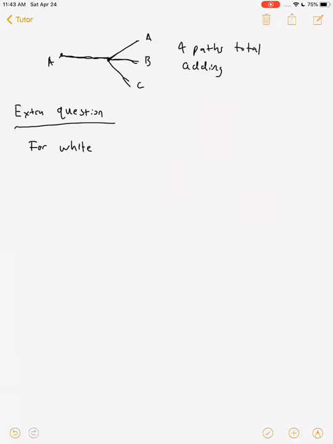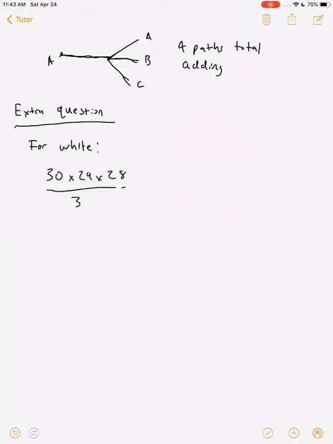So yes, exactly like the other question, right? For white, we just did 30 times 29 times 28 divided by 3 factorial or 6, like you said. And then we just had 20 times 19 divided by 2 factorial.